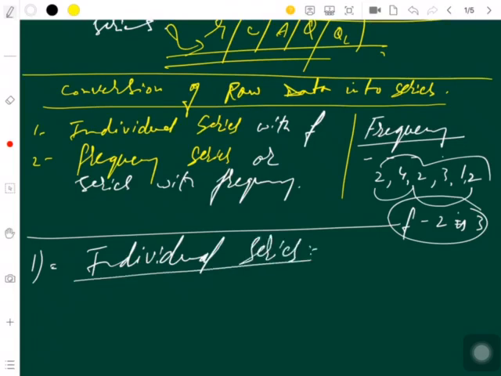Okay, dear. So individual series is the arrangement of raw data individually without any frequency imparted to it.